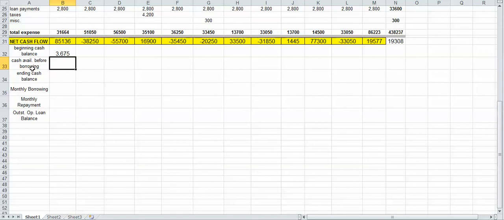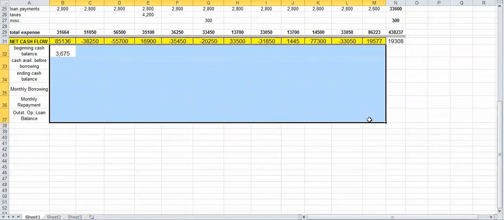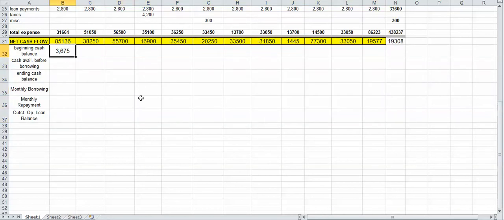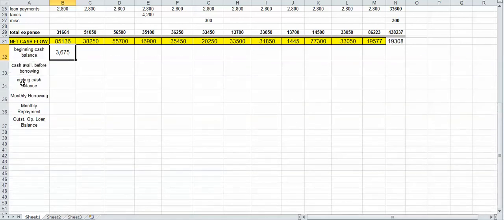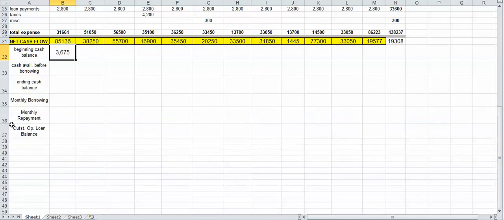Okay, the first thing that we know is that the very first month is January. We begin the year, I give this to you, at the very first of the year with a cash balance in our checking account. This most likely represents our farm checking account, by the way.